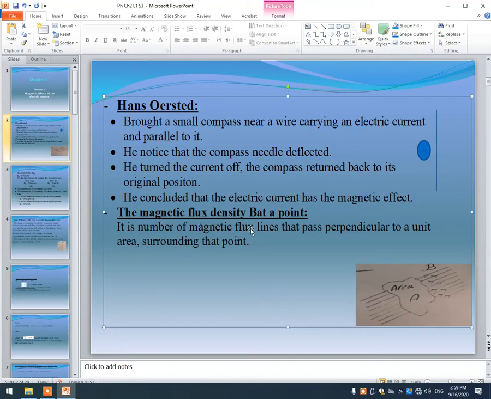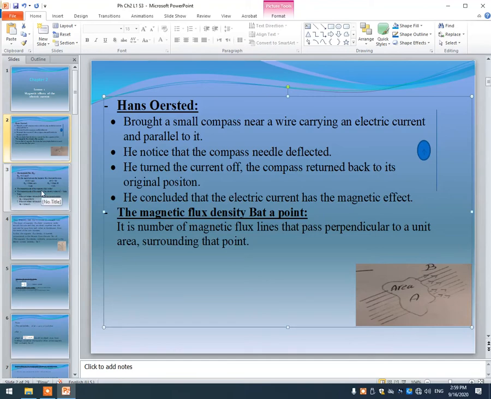We will give the magnetic flux the symbol phi m, as you will see during our discussion, and we will give the magnetic flux density the symbol B. What is the difference between magnetic flux density B and phi m? B is the number of magnetic flux lines that pass perpendicular to a unit area surrounding a point you study. This is B.